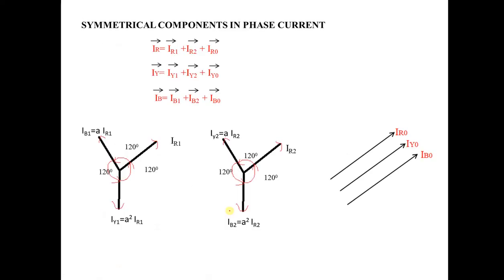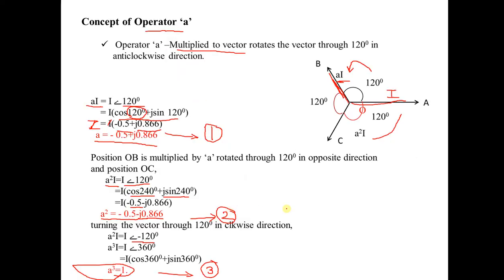There are many properties for operator A. Using the previous equations, we get many identities, like 1 plus A plus A square. We are just adding all the equations. This is an identity: 1 plus A plus A square will be equal to 0.